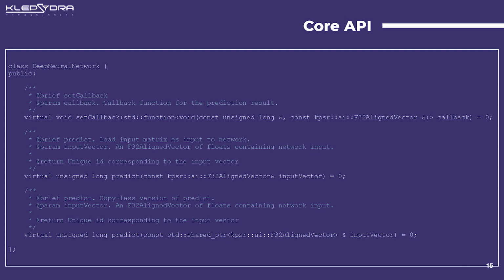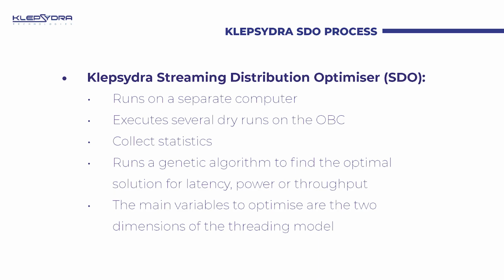But what I was saying is the way to configure this thing. For that, we have developed what we call the streaming distribution optimizer, which enables the configuration of the system in an automatic manner. Initially, it was called layer streaming distribution, LSD, but the name may not be great for the community, so I changed it to streaming distribution optimizer, SDO.